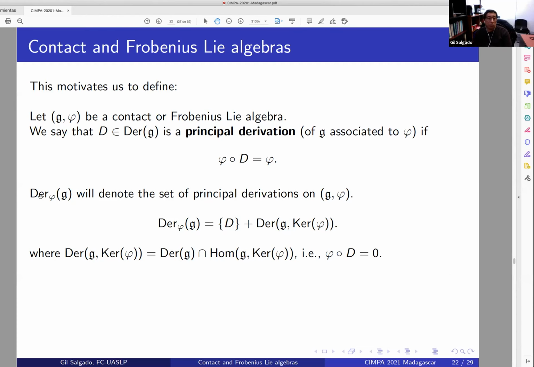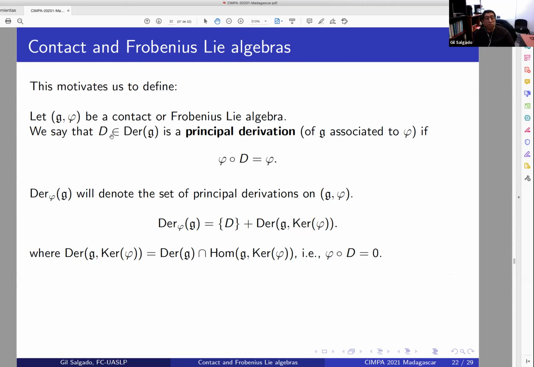We can denote by bar phi of G the set of principal derivations. Obviously, this is not a vector space because the derivation zero is not here, because if this derivation is zero, this equals zero.